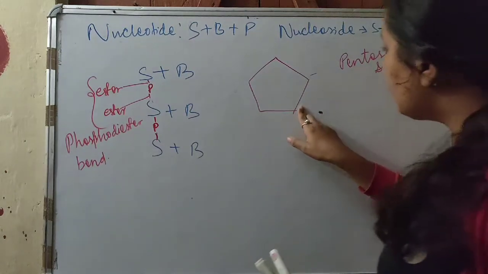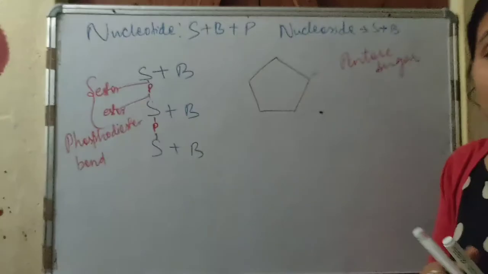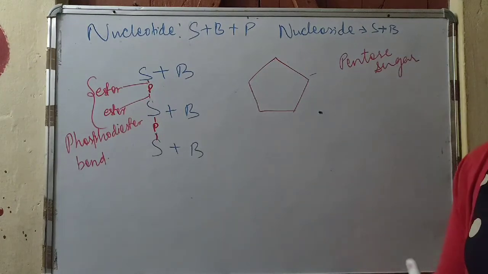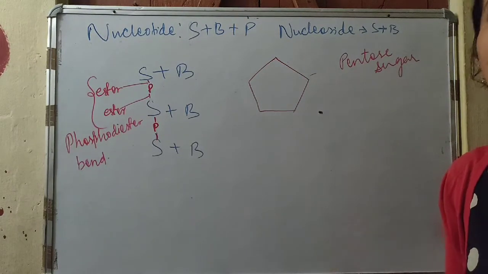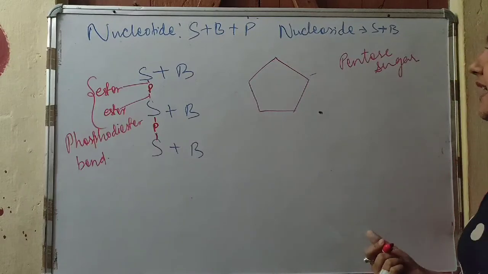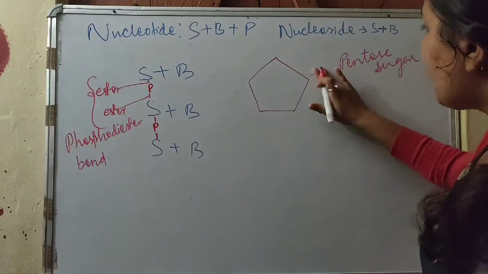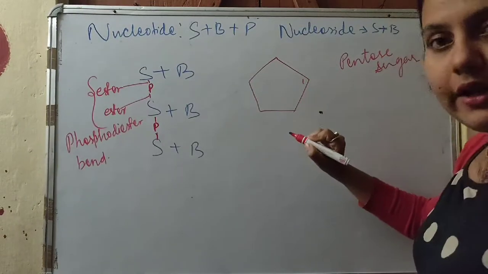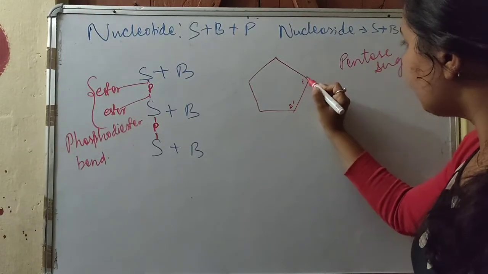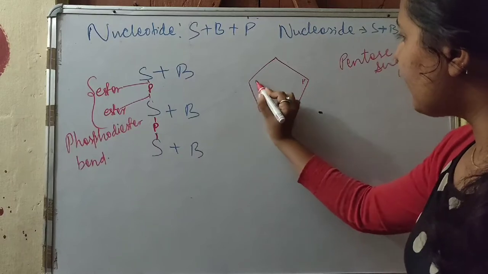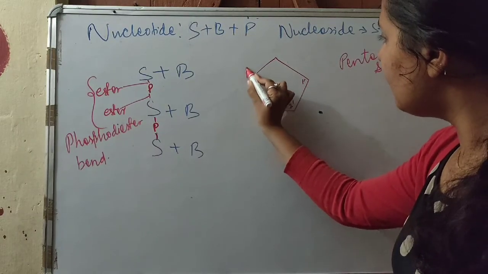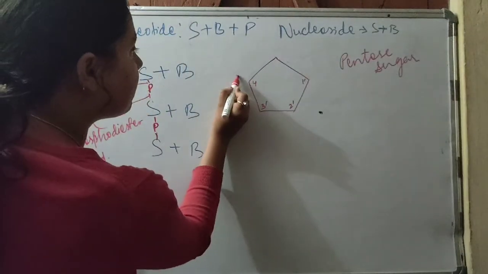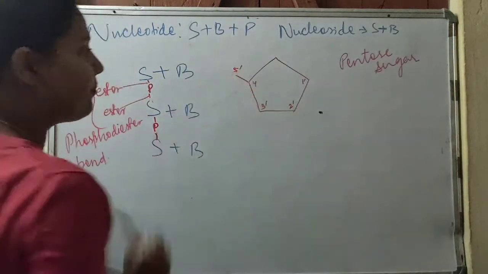Now why is the RNA known as ribonucleic acid and DNA known as deoxyribonucleic acid? This is because, see here, this is 1 prime, 2 prime, 3 prime, 4 prime, and one stretch will be there. This is 5 prime.